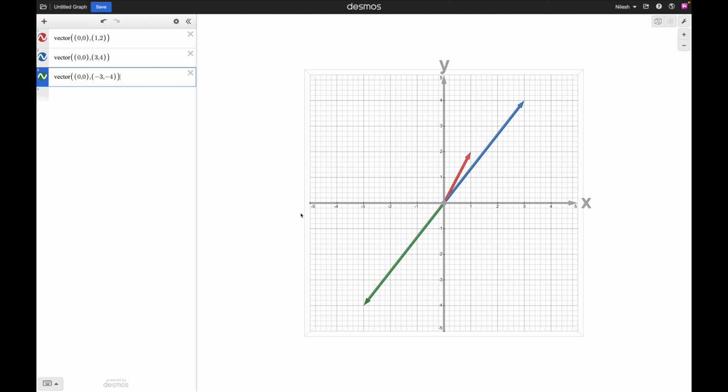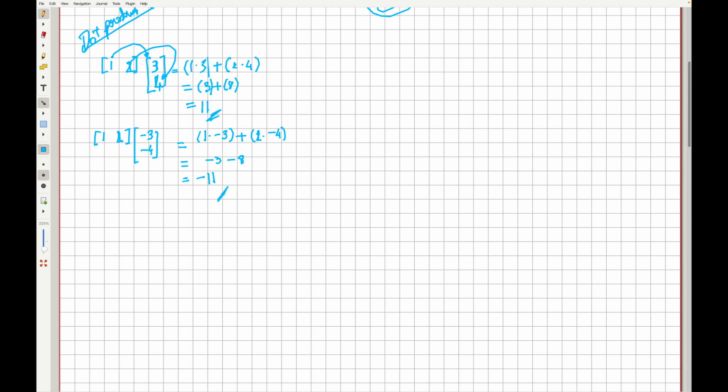So the point to note in this particular part is that the dot product helps us get a sense of direction as well as magnitude. Here both of them are of the same magnitude, but the directions are a little different. Now let's think about this a little more.